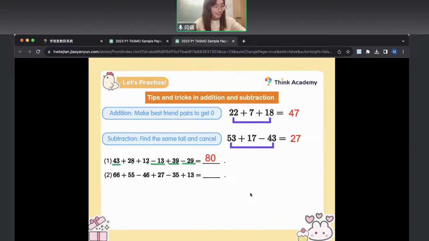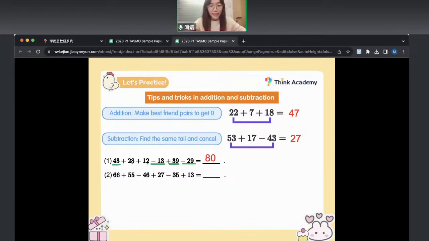Okay. Is it hard? The expression is a bit long, right? Also try to find some best friend pairs. Okay, so here let's have a look.